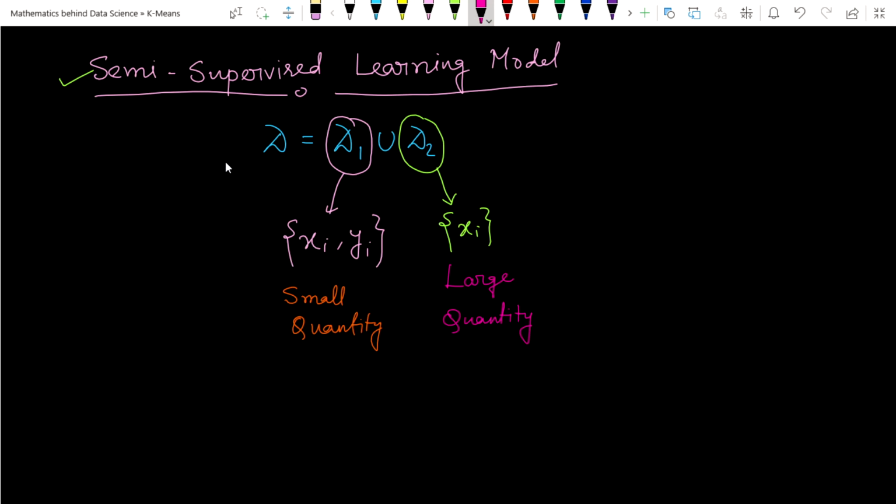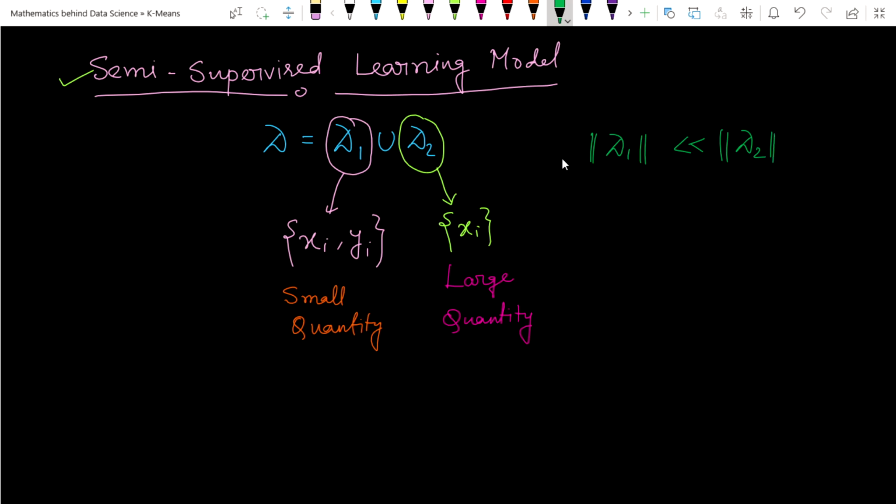The situations where collecting the actual output of the corresponding data is very time-taking, or needs a huge amount of manpower, are where we get this kind of data. And generally in these situations, the length of the data D1 is very small, it is a small quantity, compared to the data D2.